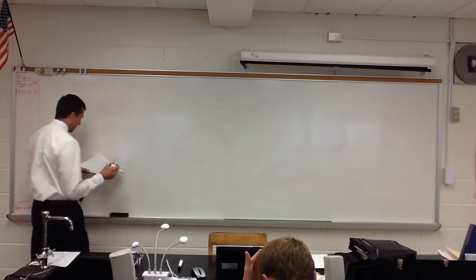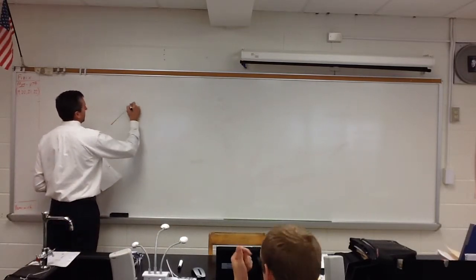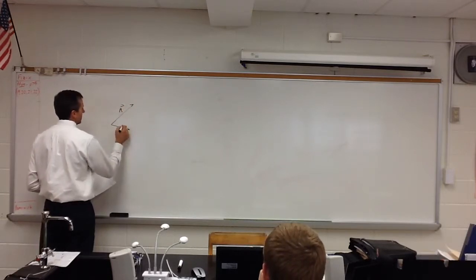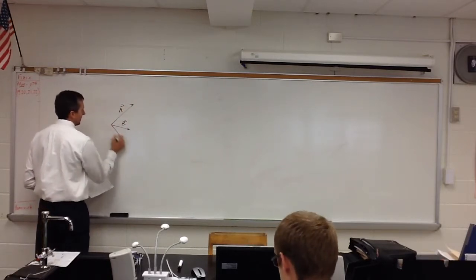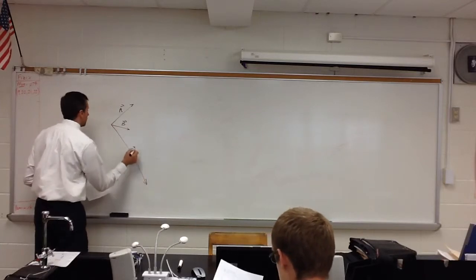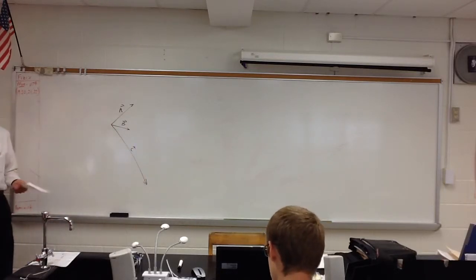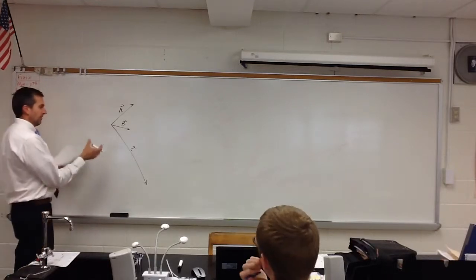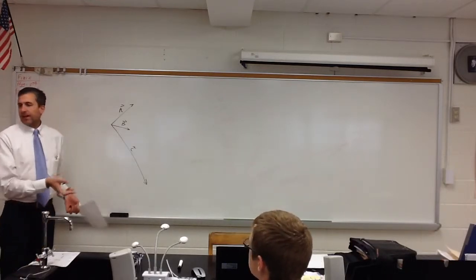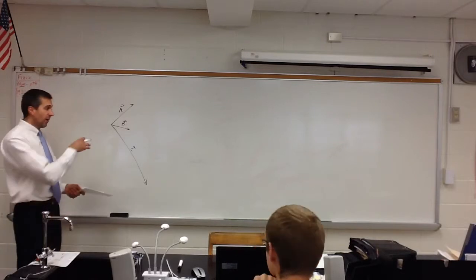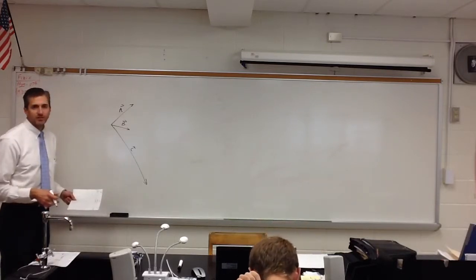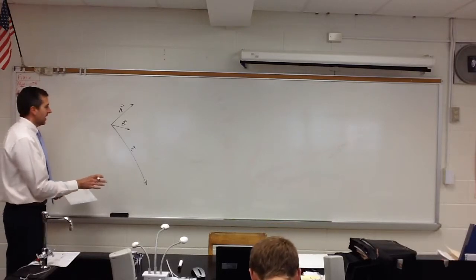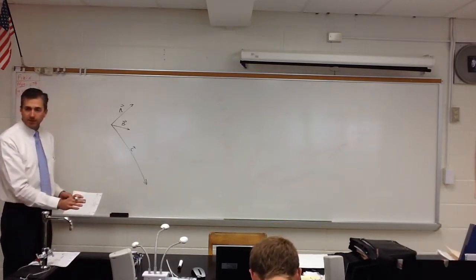If I have three vectors, let's make them A, B, and C. And I decide to add three things together. Well, right now they're all tail to tail. I'm going to have to shuffle some things around. So what do you want to leave alone first? C. Okay, we'll leave C alone the whole time, and we'll tack on A and B.